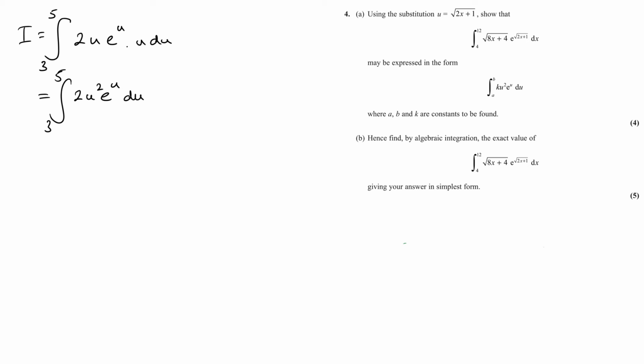I also, in this case, might take the 2 outside just to make it a bit easier, but it doesn't really matter. Maybe I'll leave it in to be less confusing. So we're going to integrate by parts. So this would be, sorry, as I was thinking of it, it would be, let me put it in red.